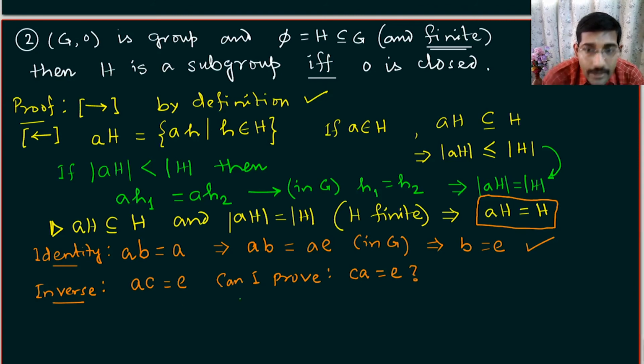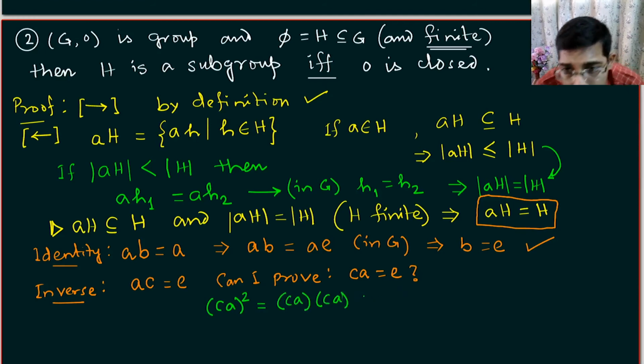That side is missing. So to prove that one, I will do CA squared and think what it is. It is CA into CA. By associativity, C, AC into A. AC is E, my assumption here. So C, E, A. Again, EA can be made CA. What does this CA mean? It's also part of G. So CA means CA into E. Now check this and this.